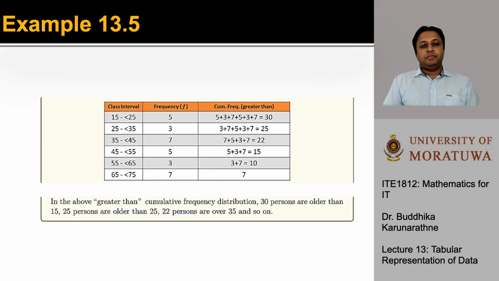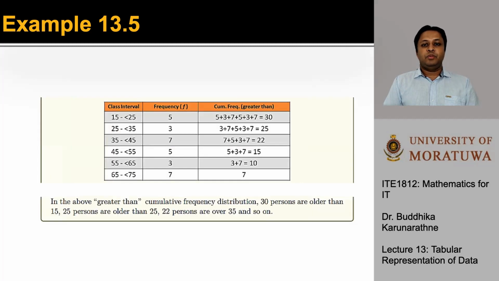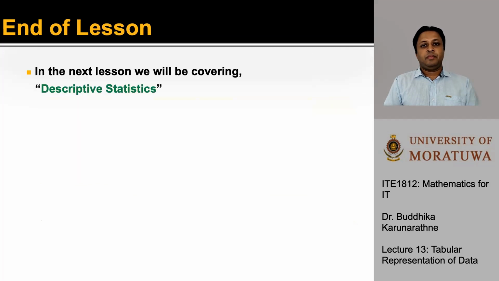In this greater than cumulative frequency distribution, 30 are older than 15, 25 are older than 25, 22 are older than 35, and so on. So you get the two sides, either the less than relationship or the greater than relationship. Using the cumulative frequency, you can represent these two ends.